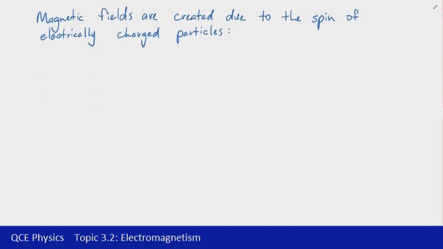But to make it a little bit more meaningful, relating it to bar magnets, what that means is that all of the electrons that are orbiting their nuclei, those spins are aligned.